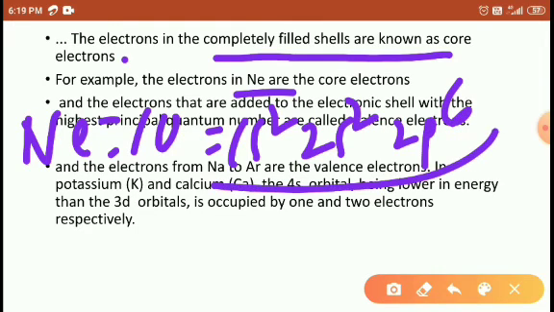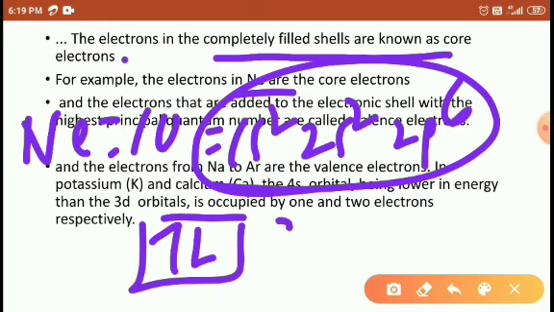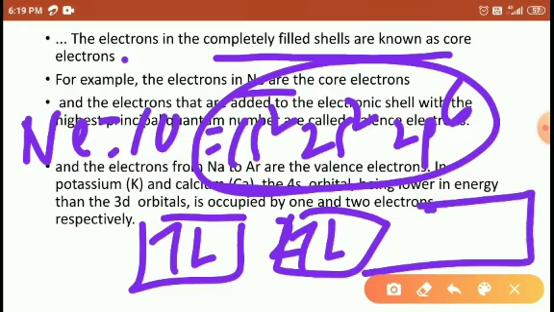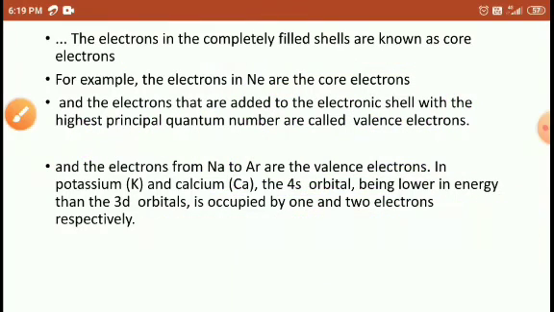All the orbitals are completely filled, there is no empty space. The 2p orbitals px, py, pz are all completely filled, so they are called core orbitals. It means the second energy level, 2s and 2p, is completely filled, and the first energy level is completely filled. That is core orbitals. Right, friends.